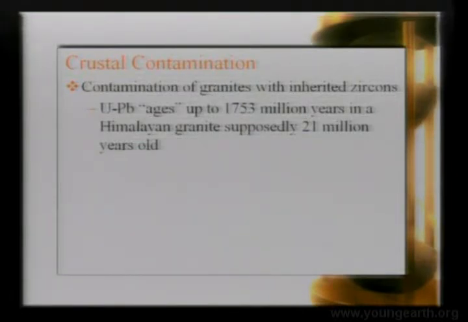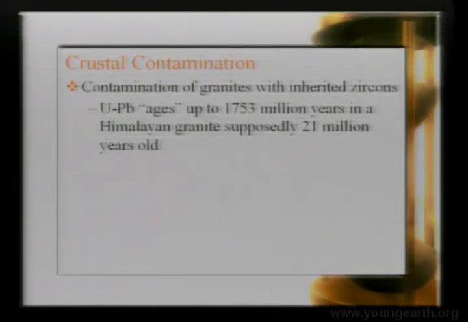Of granites. Now, granites have a number of minerals in them, and one of the minerals is the mineral zircon, which you've heard about from Russ Humphreys. Okay, it's zirconium silicate, and it's a mineral that doesn't usually melt. It's a very high temperature mineral. It's found in sediments, and sediments can melt to form a granite.